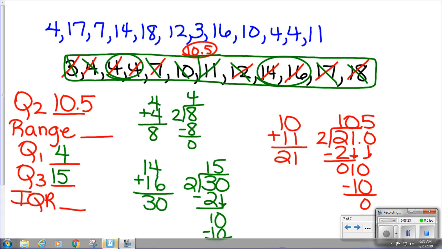Q3 is 15. Now, range is 18, the highest, minus 3. It's 15. And the IQR is my Q3 minus Q1. 15 minus 4 is 11.